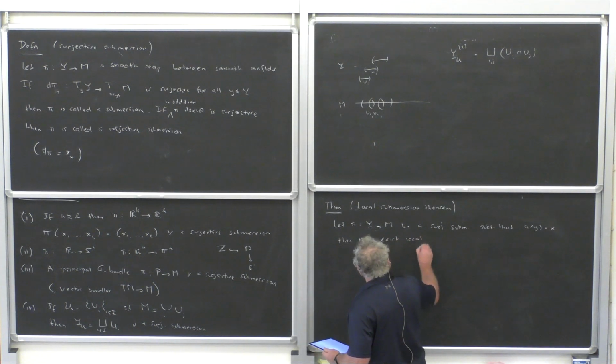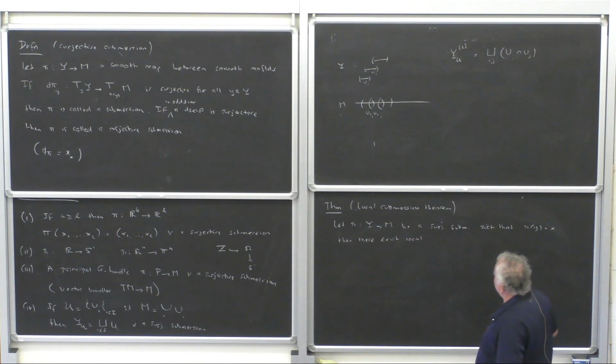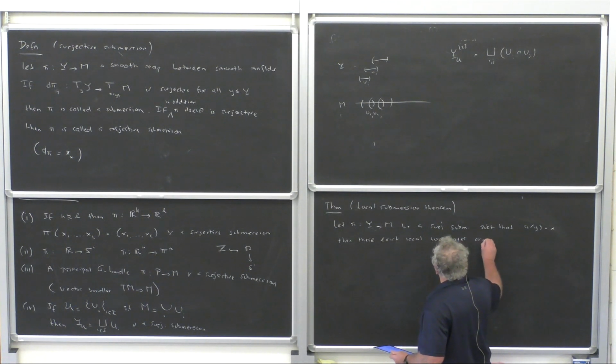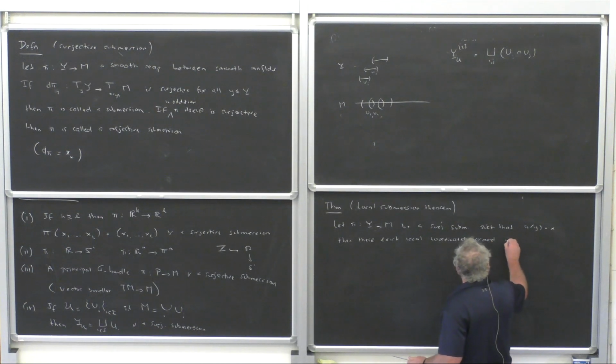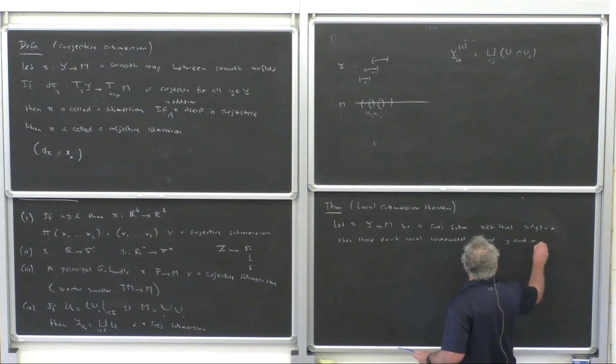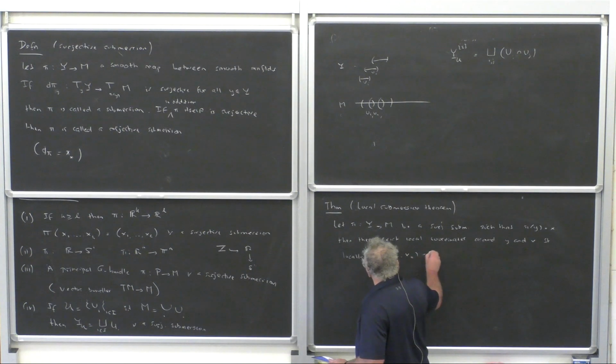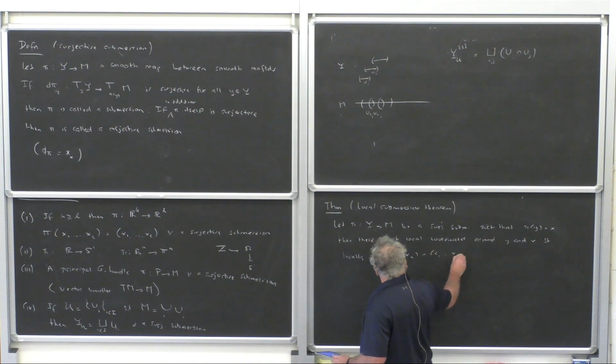So I'm assuming you know a little bit of manifold theory because I'm not going to write out everything. Around y and x, such that locally pi(x1, ..., xk) equals (x1, ..., xl).